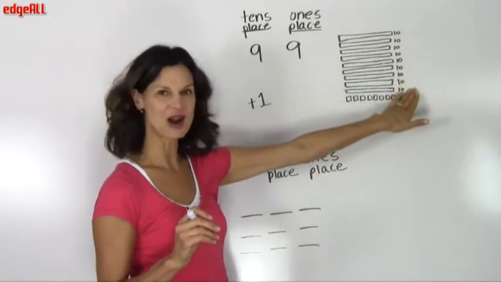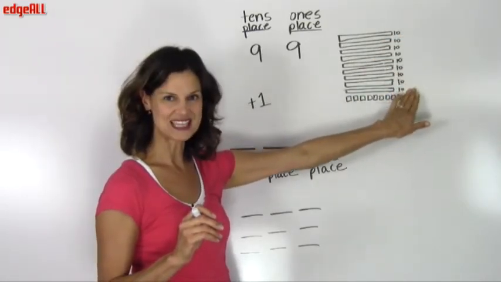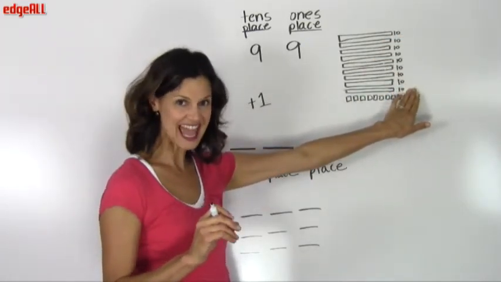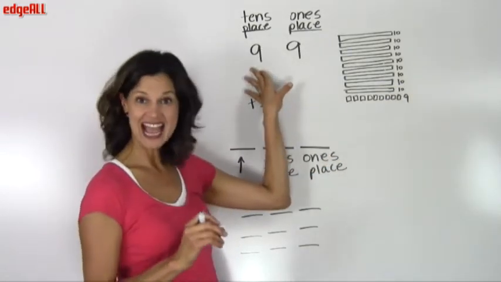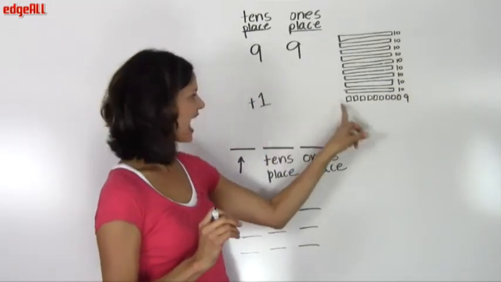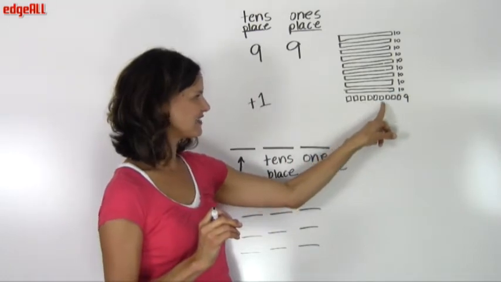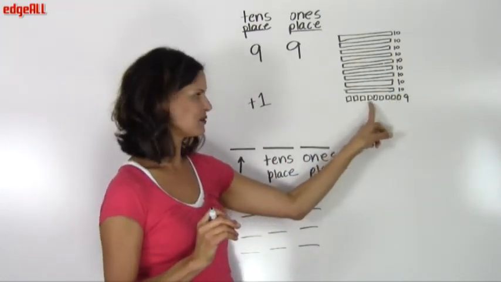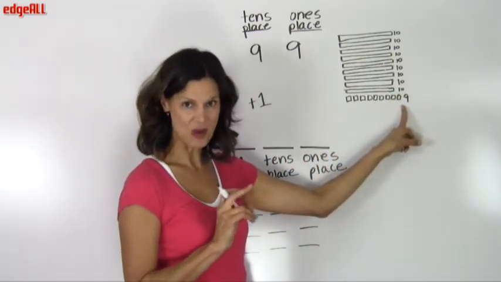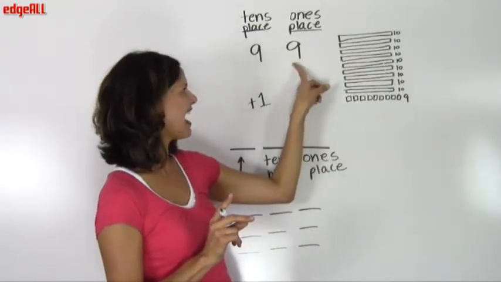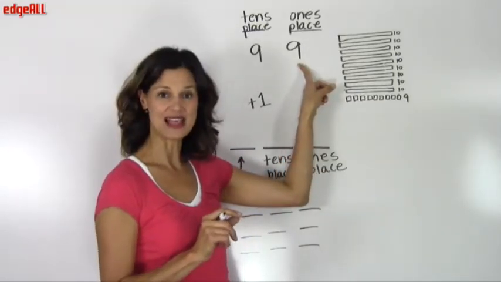So 9 bars of 10, which represents 9 groups of 10, which is why we have a 9 in the tens place. And then we have 9 little individual items, 1, 2, 3, 4, 5, 6, 7, 8, 9 ones, which is why we have a 9 in the ones place.